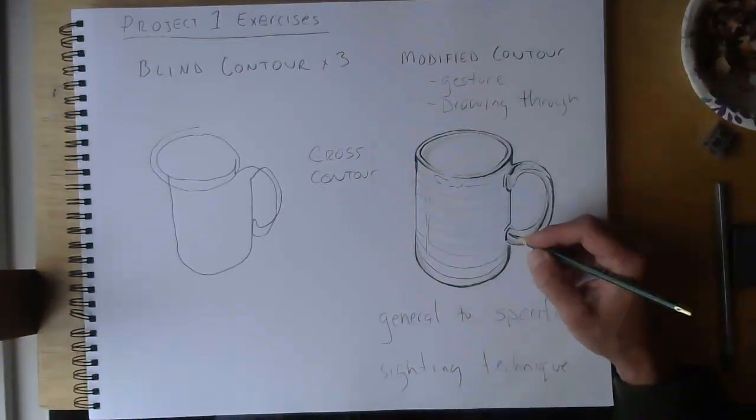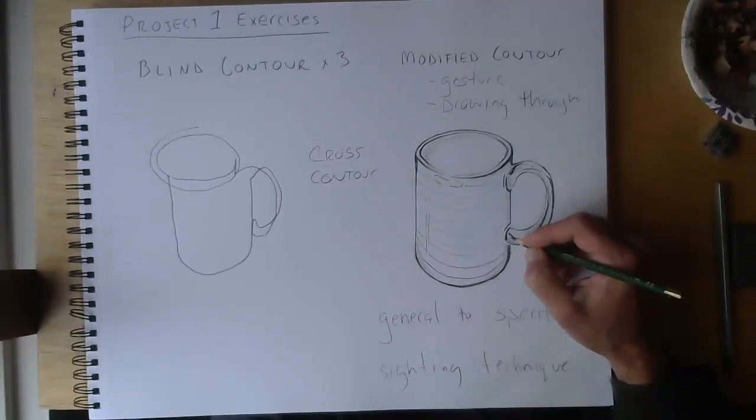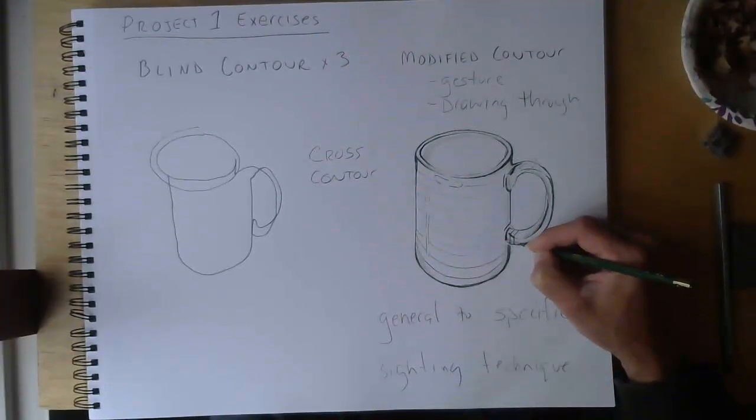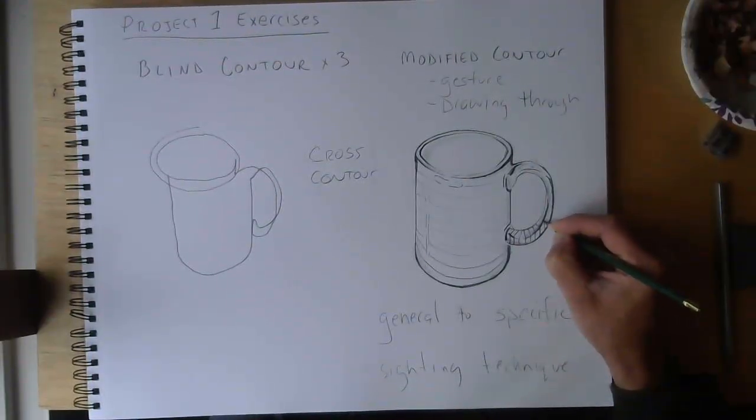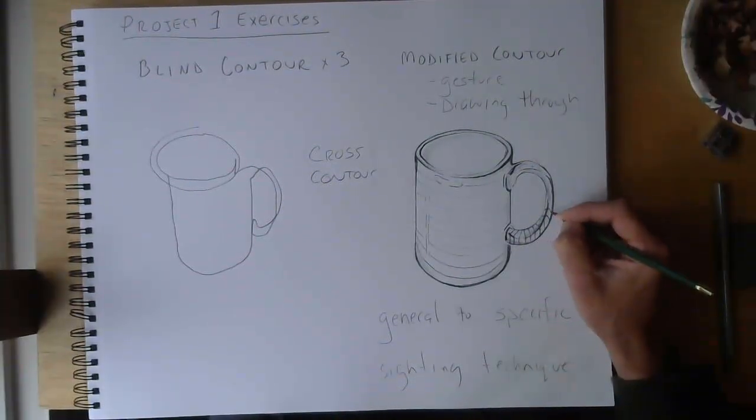What's really interesting is on areas that have more sides and planes. If I'm doing it on the handle here, my line will go up and then wrap across. Those lines will change subtly in direction based on my perception and perspective, or where I view the image from.